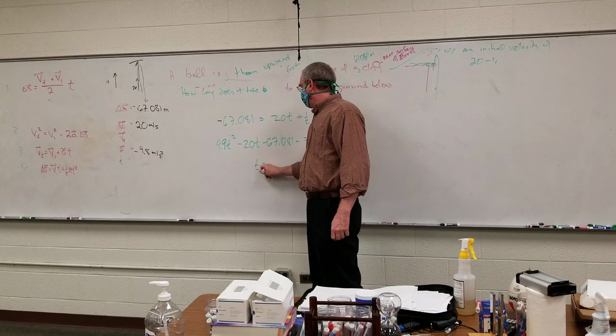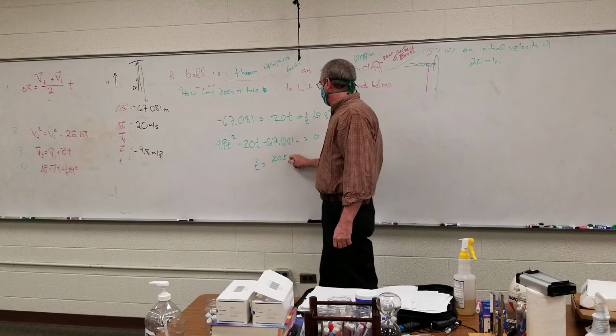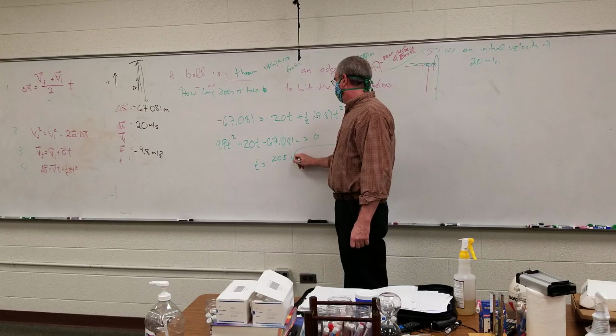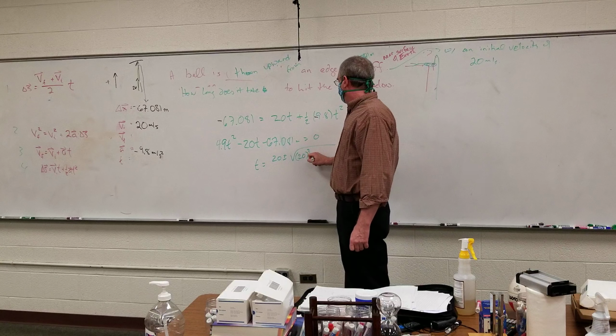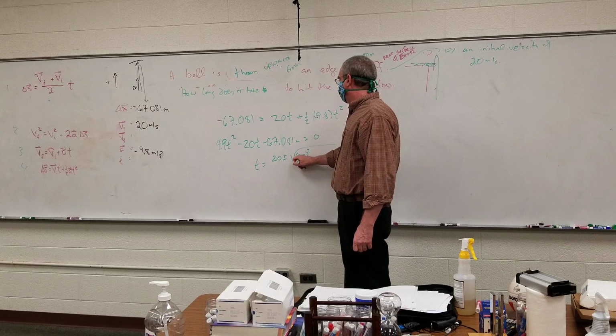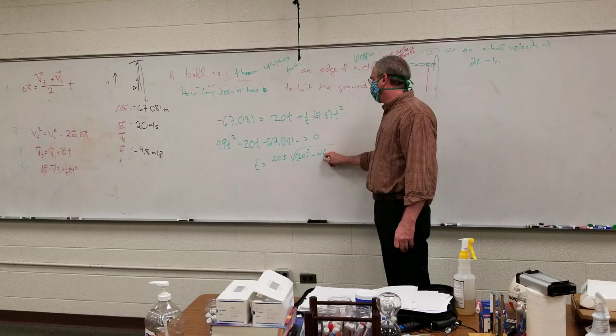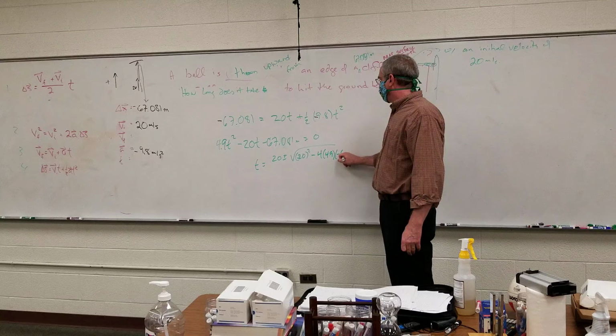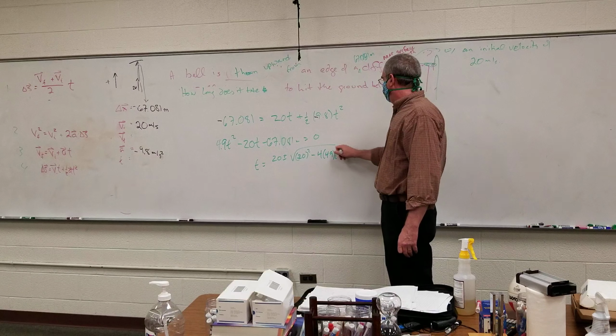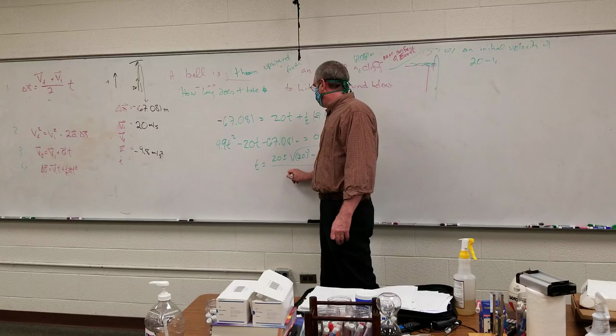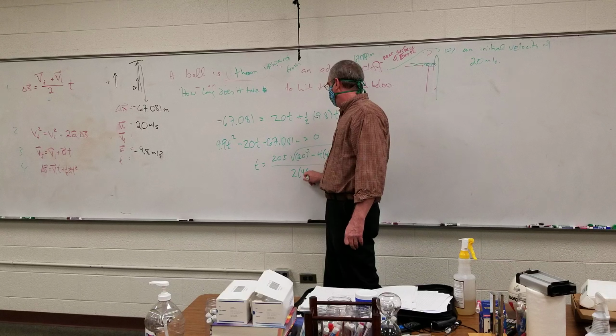So t is equal to 20 plus or minus the square root of negative 20 squared, it doesn't matter, it's 4 times 4.9 times negative 67.081, divided by 2 times 4.9.